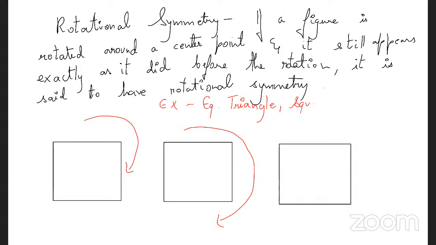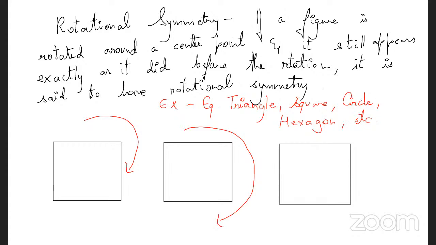Square, circle, regular hexagon, etc. All the regular polygons, most of the regular polygons, they also have rotational symmetry.